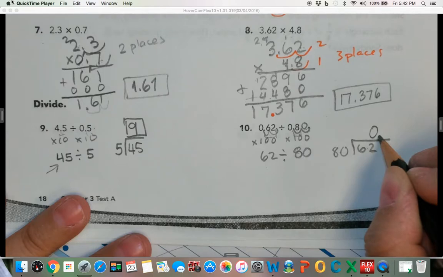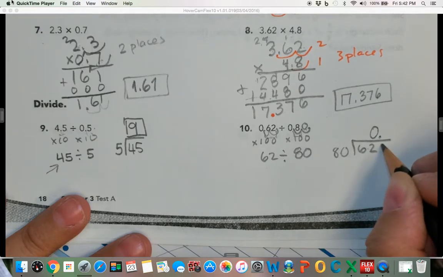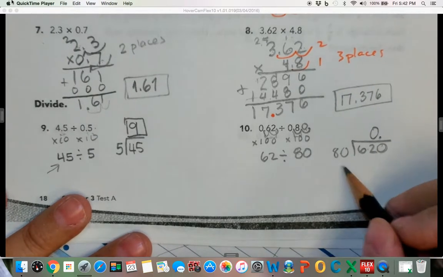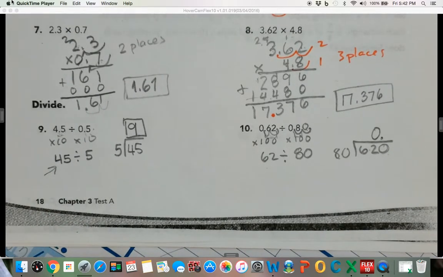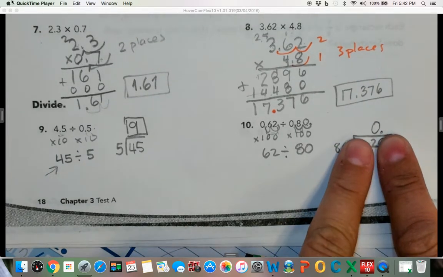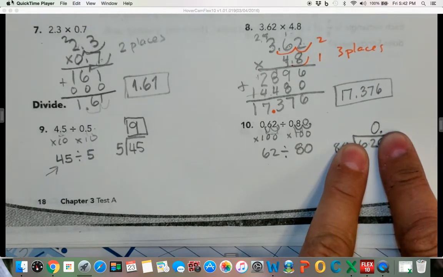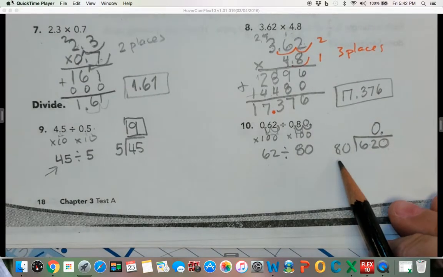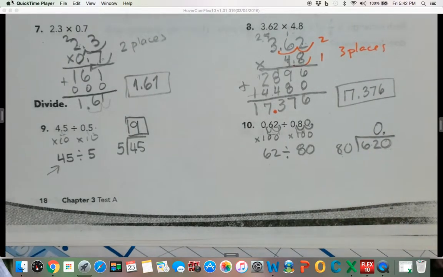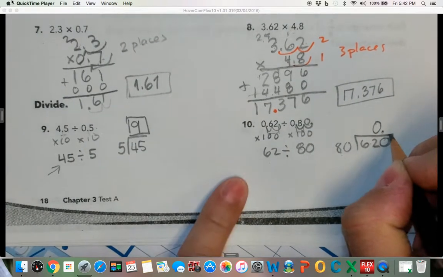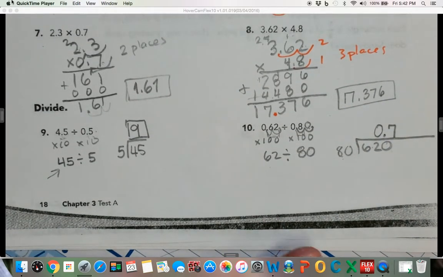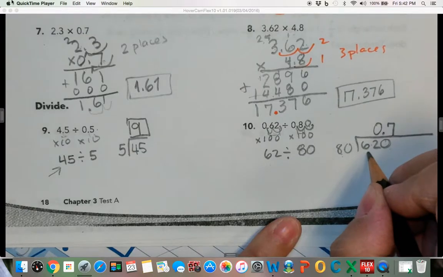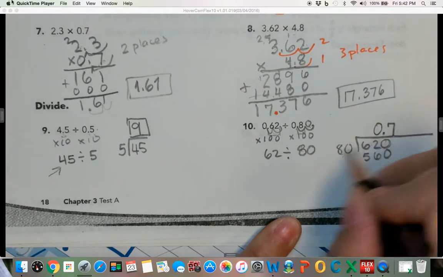Now that I have this decimal, I can add zeros to all my remainders. Now I can do 80 into 620. I think about 8 into 62, which is going to be similar to 80 into 620. 8 into 62 goes 7 times. 7 times 8 is 560, or 7 times 80.